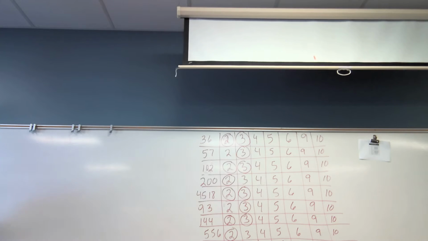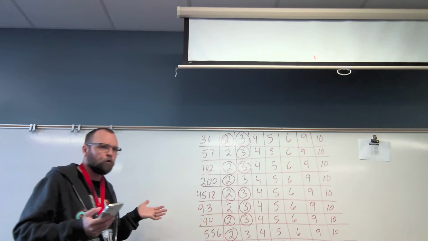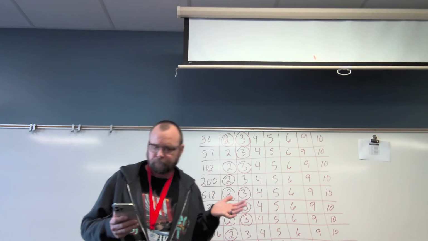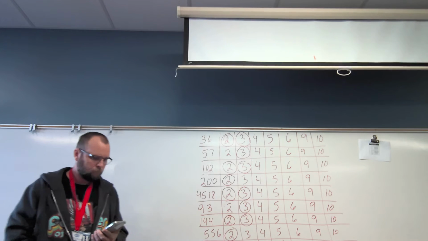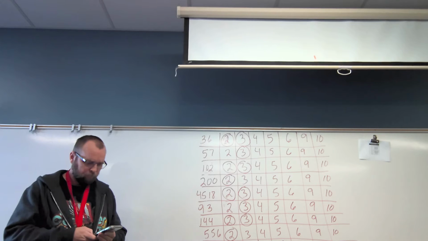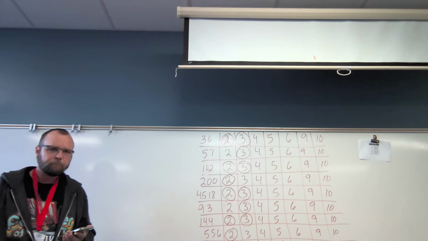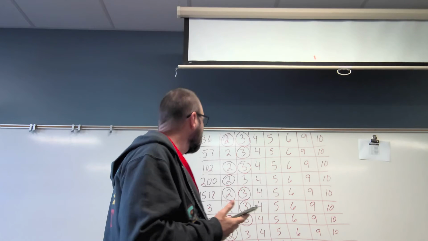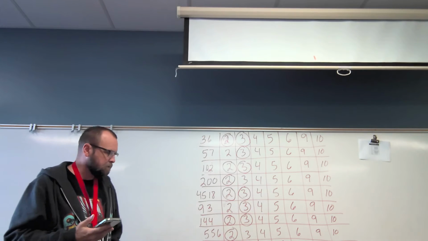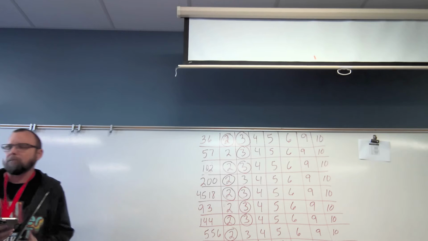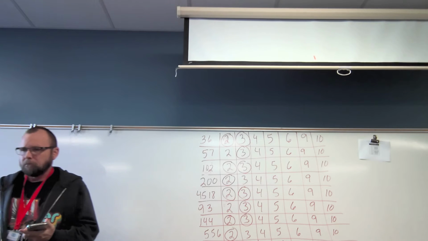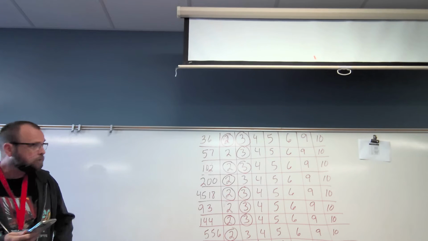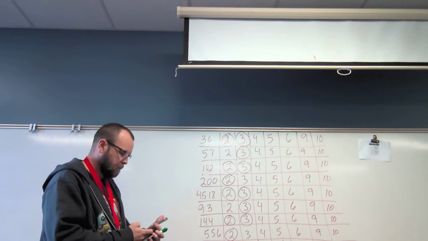So Michael K., what is the divisibility rule for 4? If the last two digits are divisible by 4, the number is divisible by 4. So let's look at our first one.